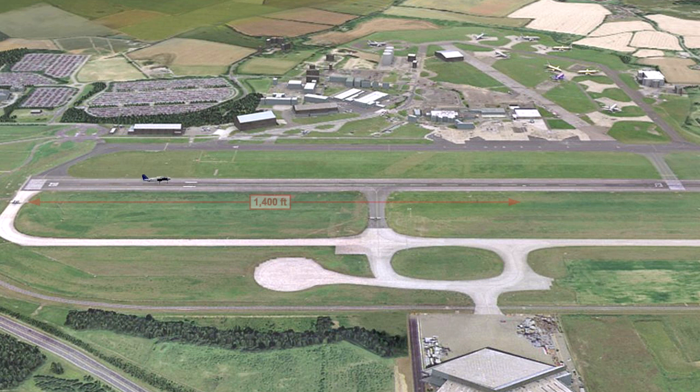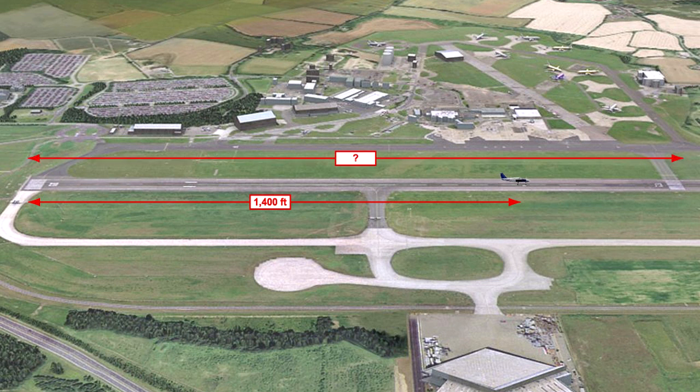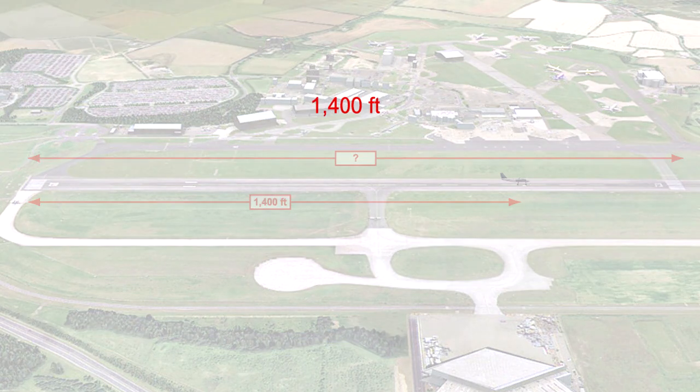There is another way to look at the landing requirement. If the landing distance of the aeroplane is calculated to be 1,400 feet, what is the minimum length of landing distance available which will allow a pilot to comply with the 70% rule? In this case, we simply multiply 1,400 feet by 1.43.